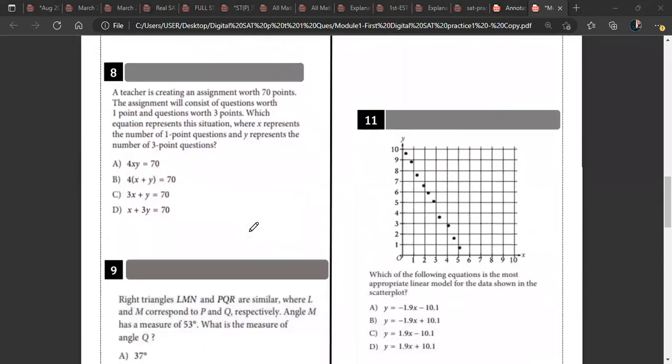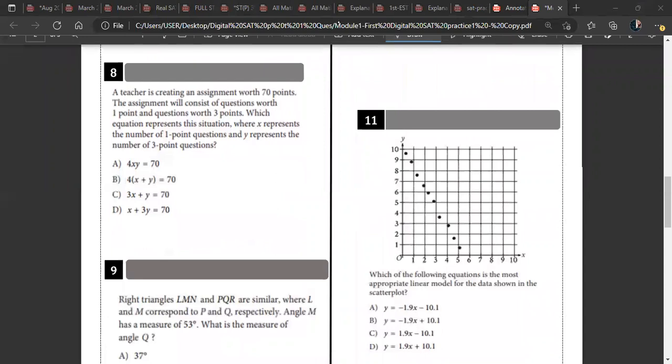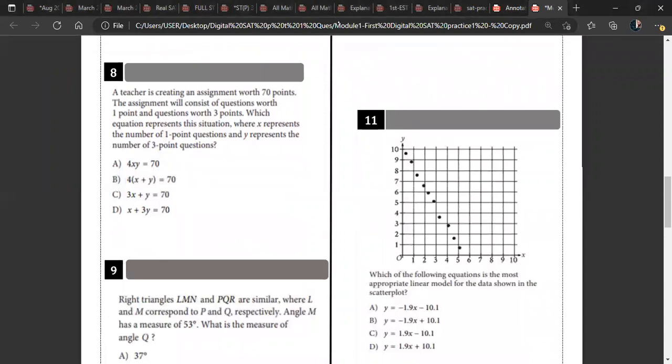This question is a word problem about linear application. Okay, so let's read it carefully. A teacher is creating an assignment worth 70 points. This represents the total.